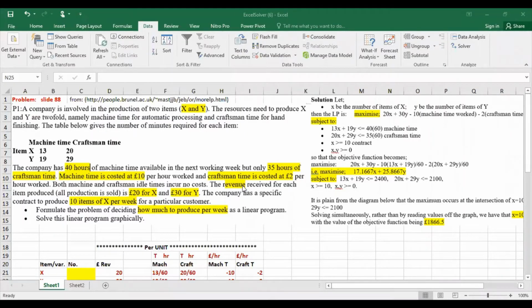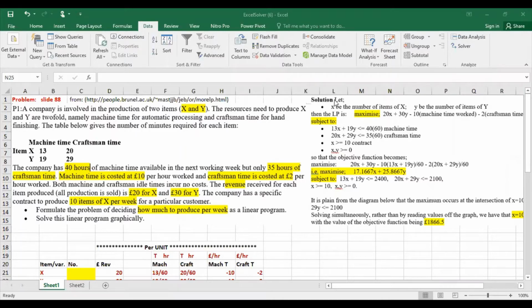The company has a specific contract to produce 10 items of X per week for a particular customer. Formulate the problem of deciding how much to produce per week as a linear programming problem. So I have to apply linear programming here, and for the X item, 10 items are to be produced per week.